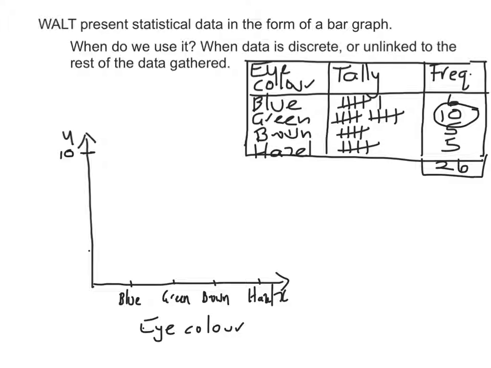So I'm going to, maybe not quite so evenly, but I'll do my best: 2, 4, 6, and yes, I'm a little bit uneven with these, but you just need to remember to make your intervals even, and this goes by the label of frequency. In other words, the number of times that something was counted.